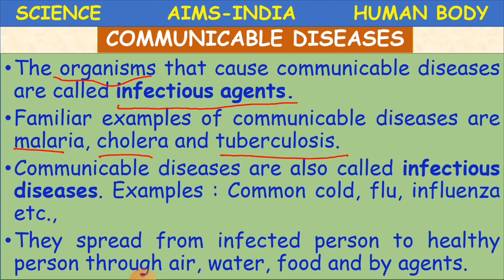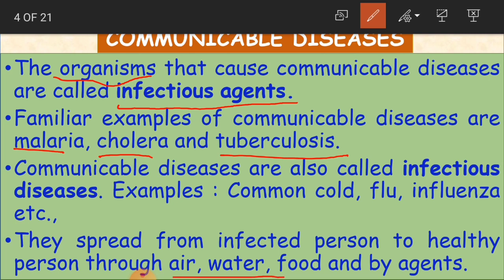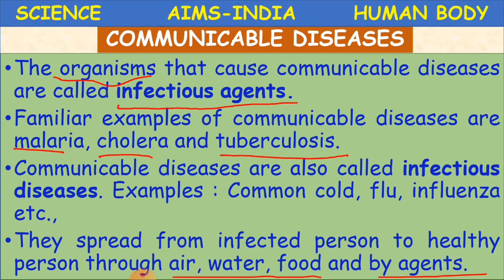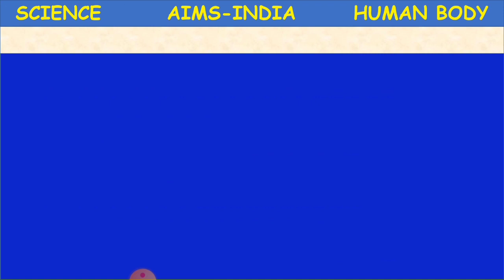As we learned, it spreads from the infected person to a healthy person through air, water, food, and by agents. So through these agents, these infectious diseases spread easily from an infected person to a healthy person. Understood, children? Clear? Yes.